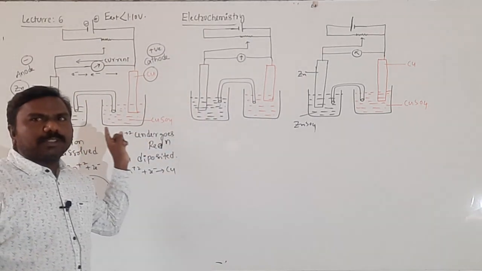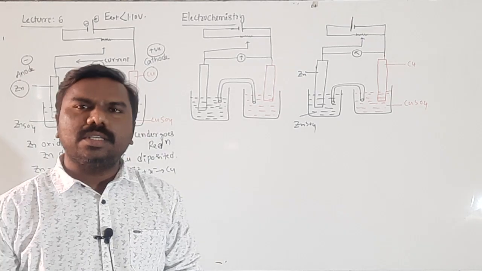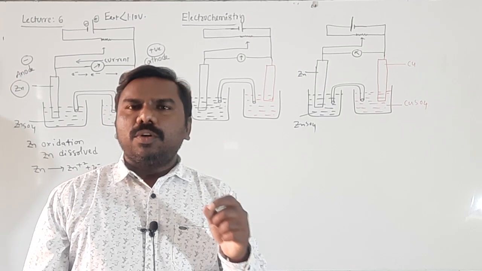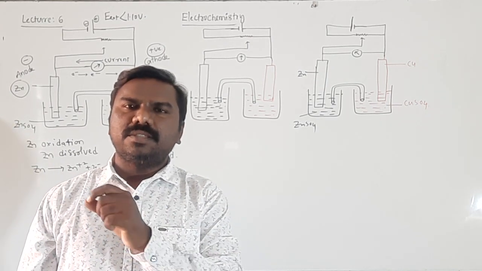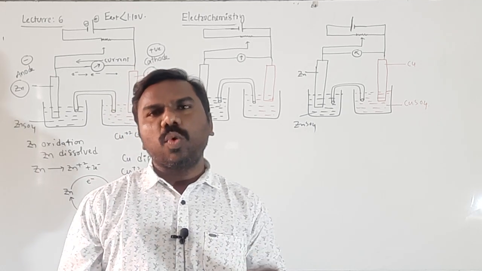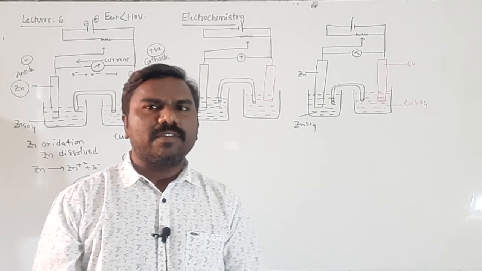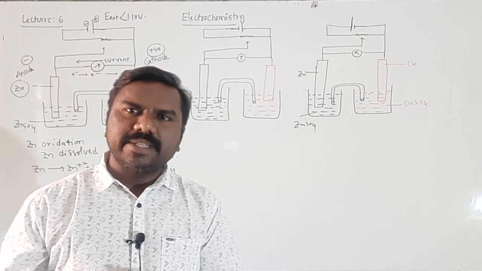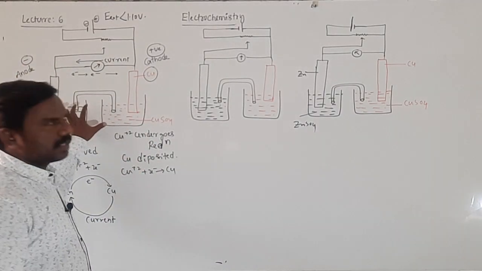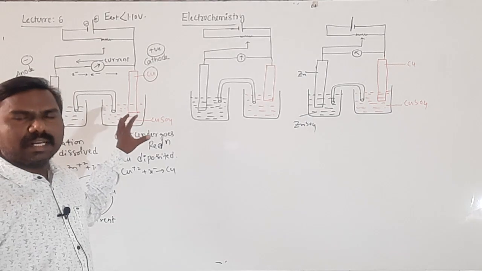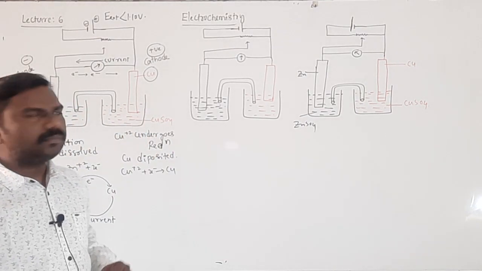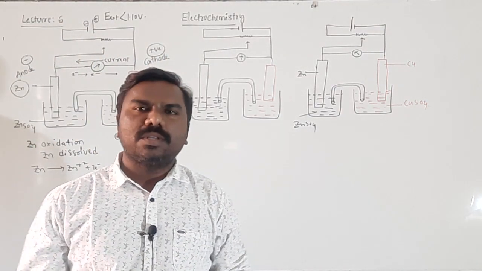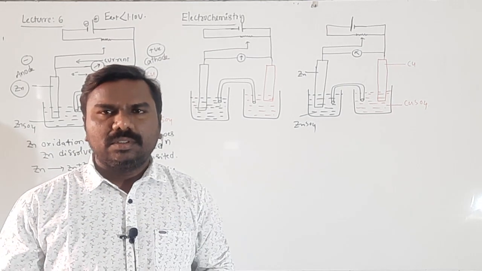The voltage produced in the galvanic cell is 1.10: copper electrode 0.34 minus zinc electrode minus 0.76 equals 1.10 volts. So the EMF of the galvanic cell is 1.10 volts, and by the external circuit I am applying less than 1.10 volts.